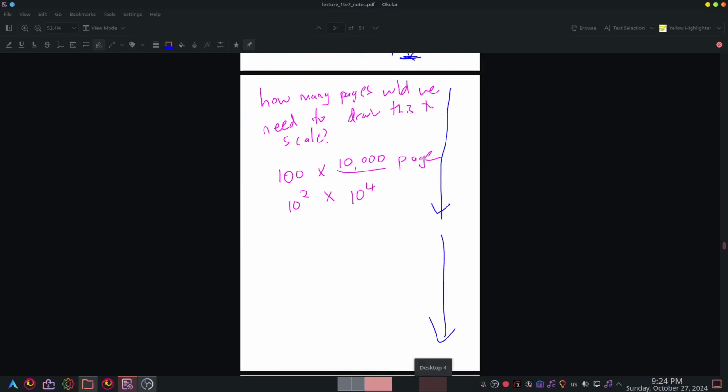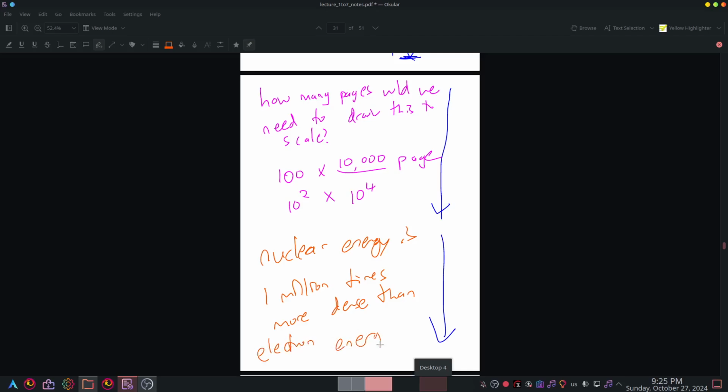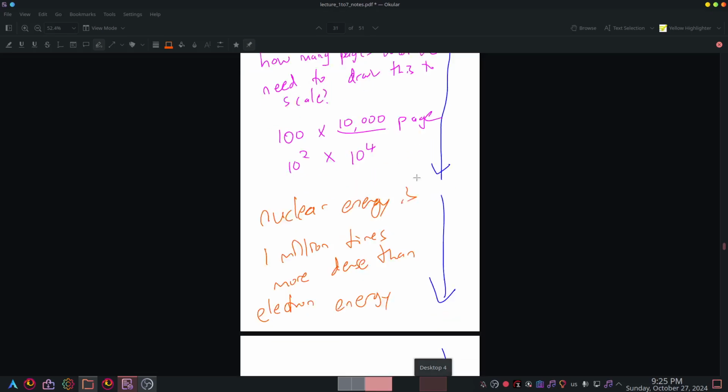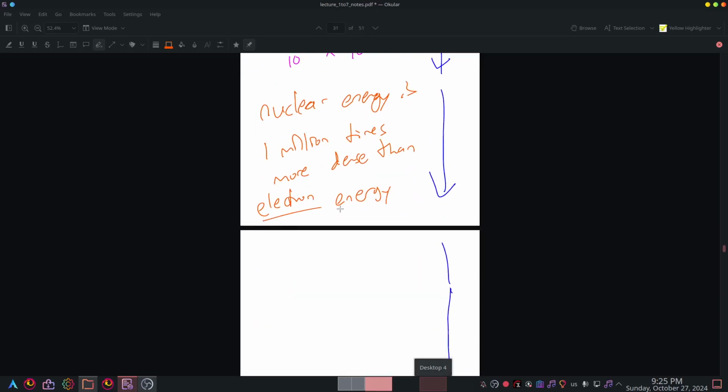So nuclear energy is super energy dense. That's what I'm trying to say here. Nuclear energy is about 1 million times more dense than the electron energy. Now, what implication does this have? A lot of your electron energy is being stored as chemical bonds.